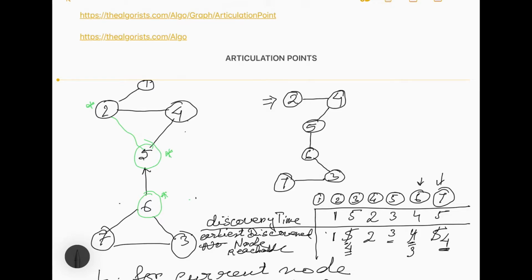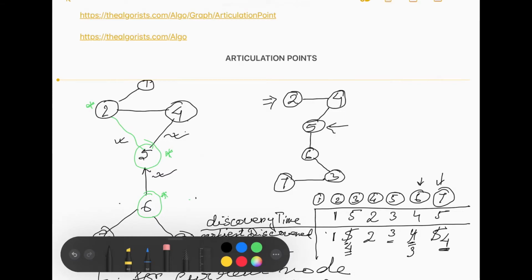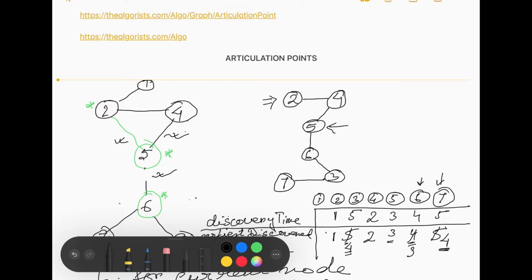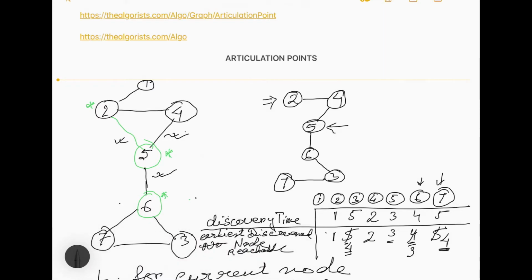Now we backtrack from 6 to 5. 5 has 1, 2, and 3 adjacent edges. Out of the 3 adjacent nodes, which are 2, 4, and 6, 2 and 4 happen to be its ancestors.